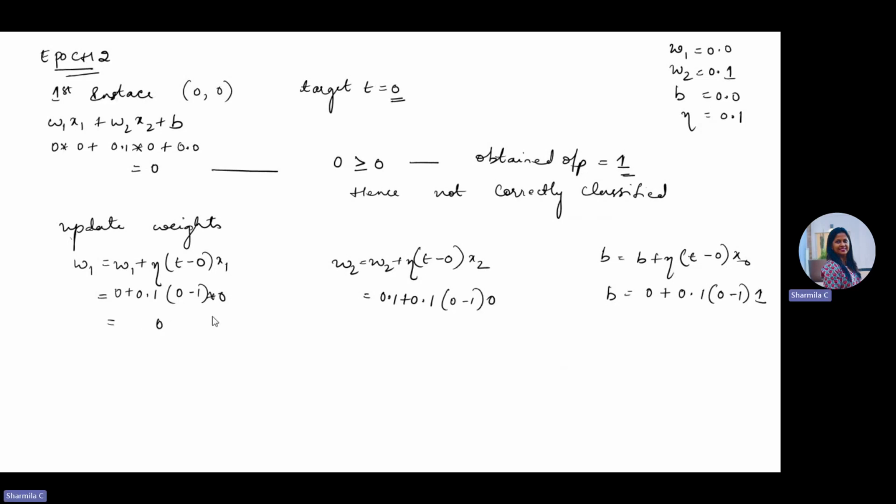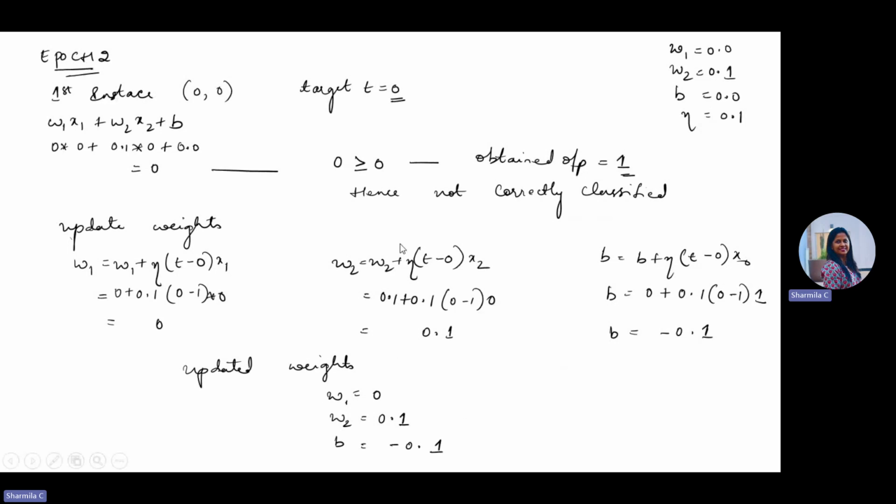So I'll get the updated weights: W1 equals 0, W2 equals 0.1, and the bias value equals minus 0.1. Fine. So the new updated weights are W1 equals 0, W2 equals 0.1, bias equals minus 0.1.